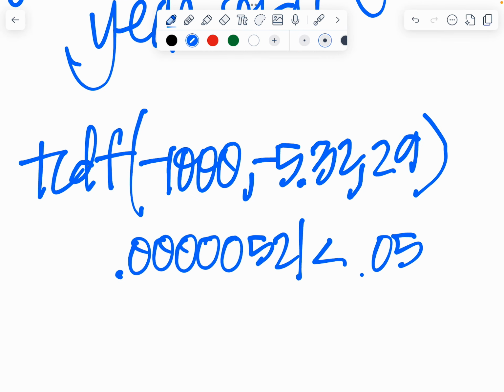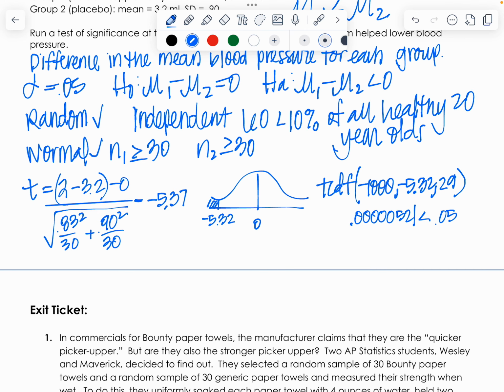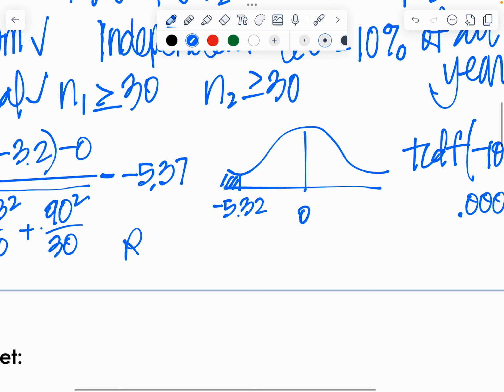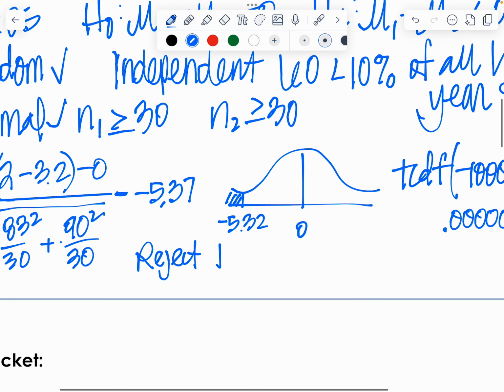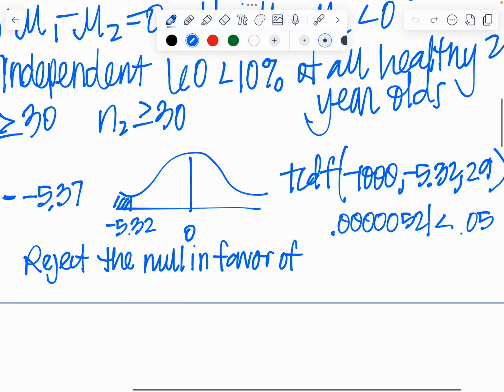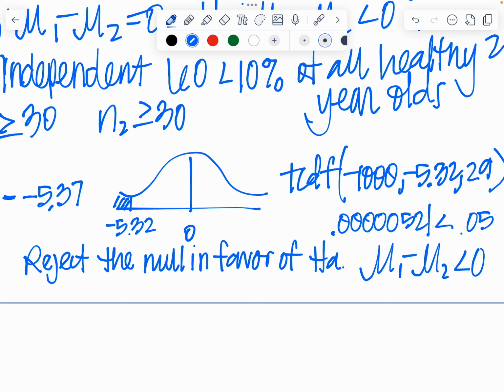So that allows us to reject the null in favor of HA, proving that mu1 minus mu2 is negative.